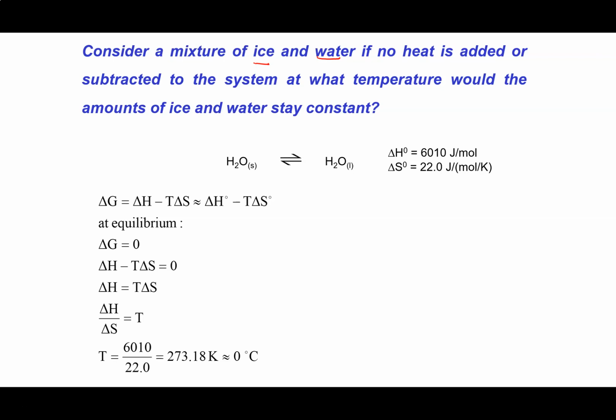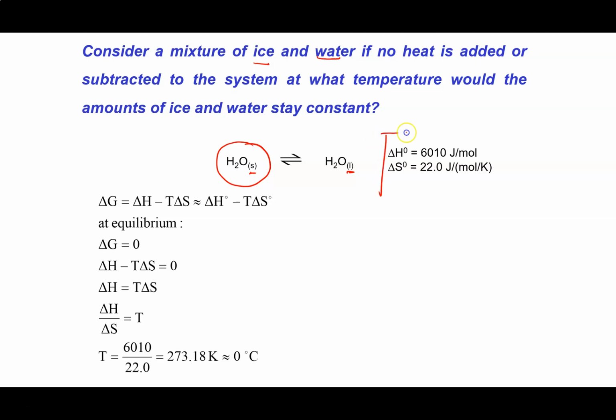Then we're asking the question, at what temperature would the amounts of ice and water stay constant? The system that we have is solid ice in the presence of liquid water, and we want the amounts of the solid and the liquid to just stay constant. We want to know the temperature at which that happens.